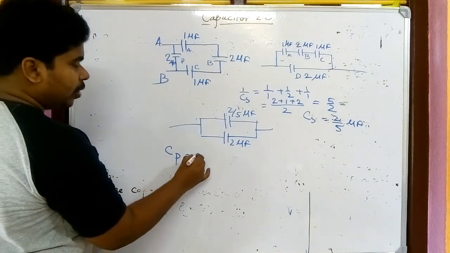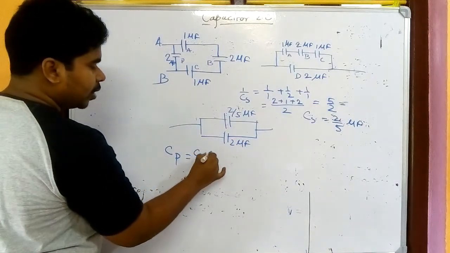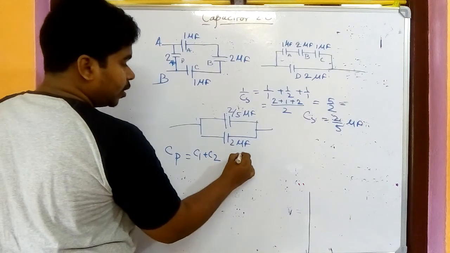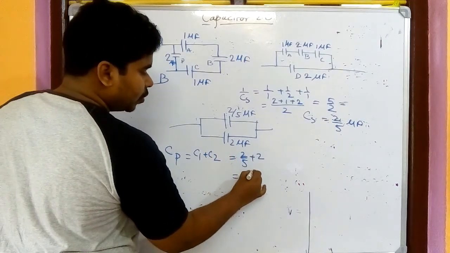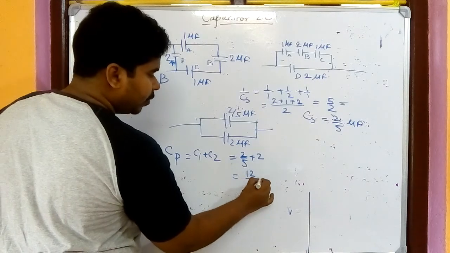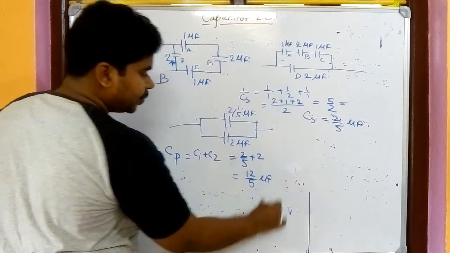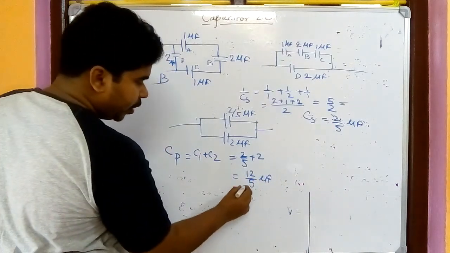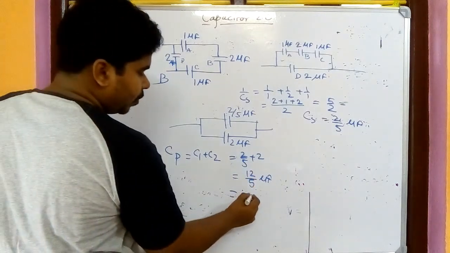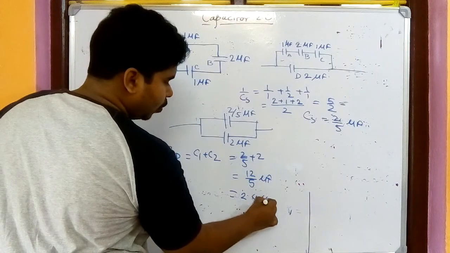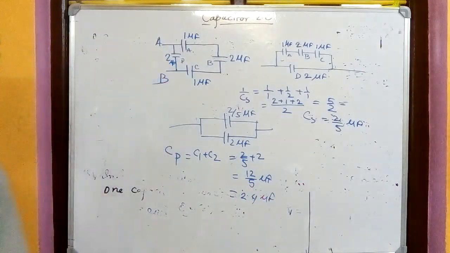So Cp equals C1 plus C2, that is 2 by 5 plus 2, 12 by 5 microfarad. If you do it, 5 twos are 10, 4, 2.4 microfarad. That will be your answer.